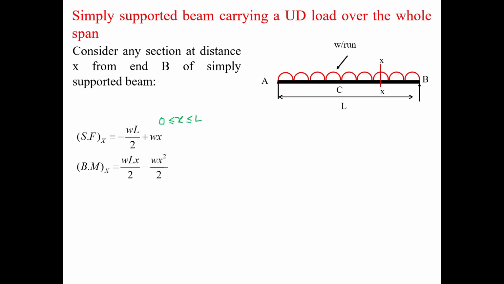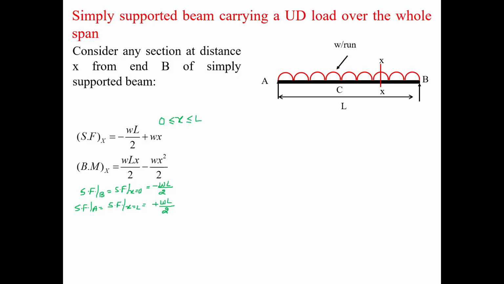For example, the shear force at point B corresponds to x is equal to 0, which will give me minus WL by 2. Same way you can calculate shear force at point A, which is x equal to L. If you do the calculation, you will get it as plus WL by 2.